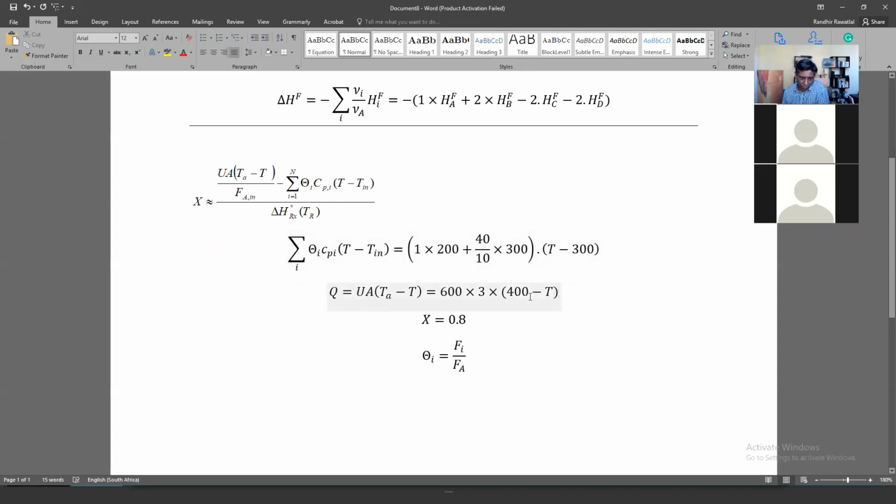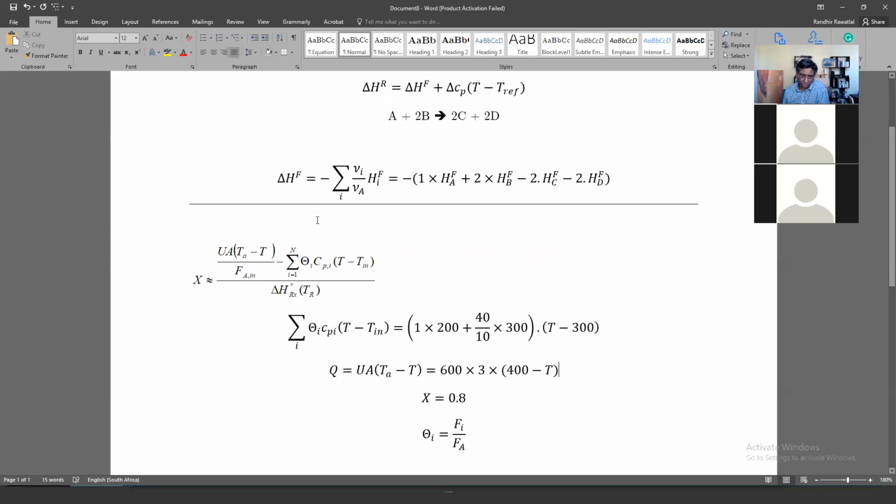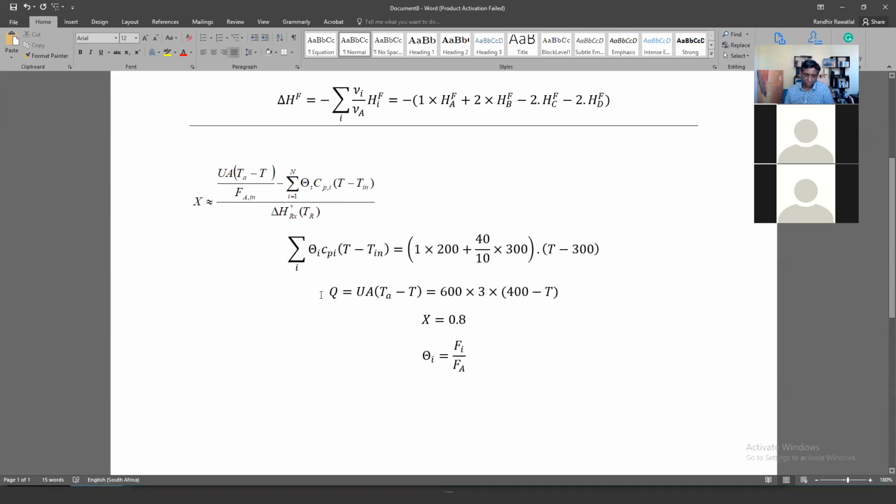So that Q term, the only unknown there is T. And then in this term, which we wrote here, you can see the only variable is T. And then the heat of reaction, the whole of parts A and B were about finding this as a function of temperature T. So the whole thing here is a function of T, and you are given X. So it's quite straightforward. You can solve this for T, right?